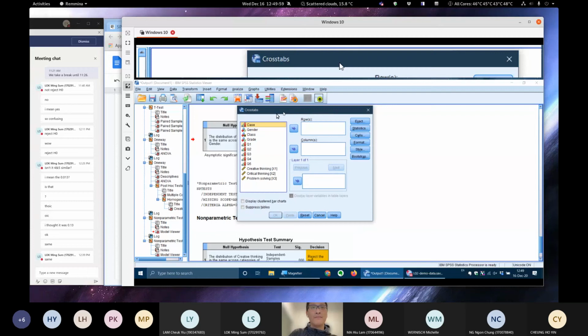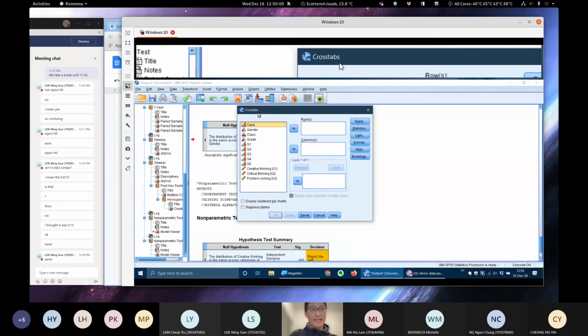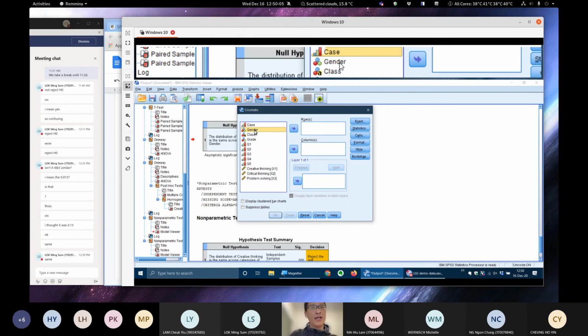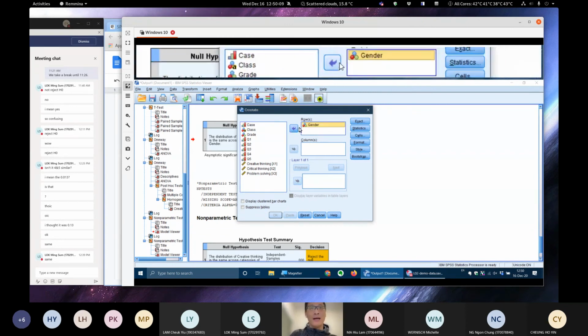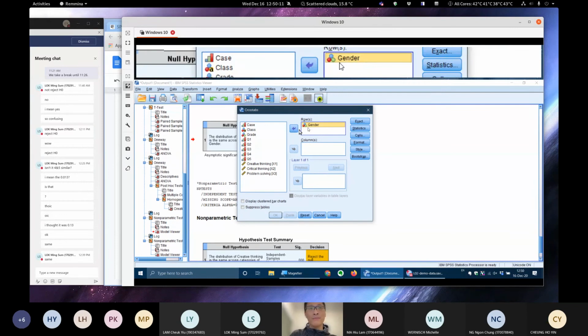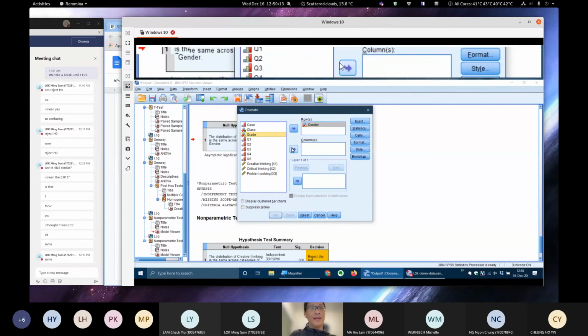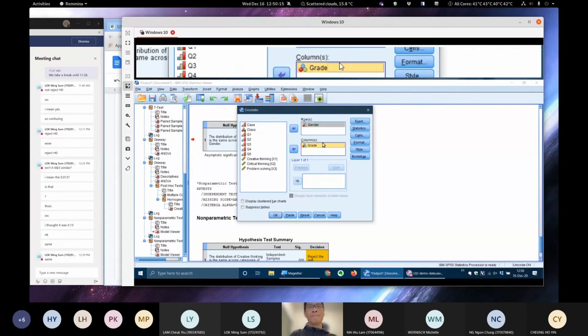Now, this time, let's compare two variables. I want to compare the gender and the grade as we have done last time. So I put one of them into the row and the other one into the column. Both of them are nominal data.